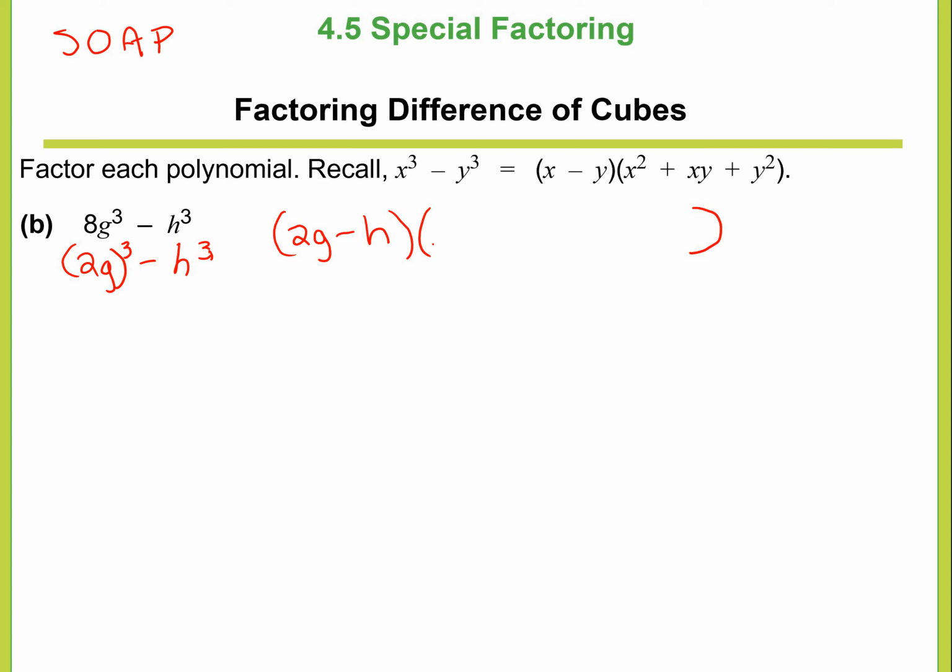Then we are going to do 4g squared because we squared the 2g. And then opposite sign, so it's going to be a plus. The two terms multiplied together, so it's 2gh, and then always positive, and it's h squared.